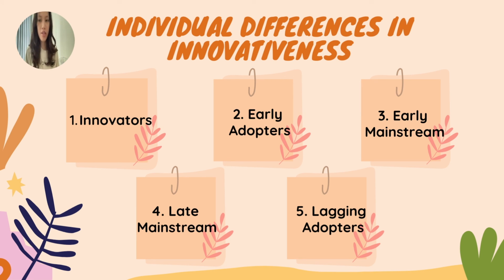They are deliberate, and although they rarely are leaders, they adopt new ideas before the average person. The fourth type is the late mainstream adopters. They are usually skeptical because they adopt an innovation only after a majority of people have tried it. And finally, the lagging adopters. They are tradition-bound because they are suspicious of change and adopt the innovation only when it has itself become something traditional.